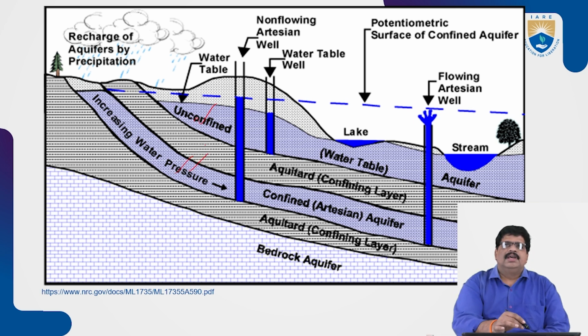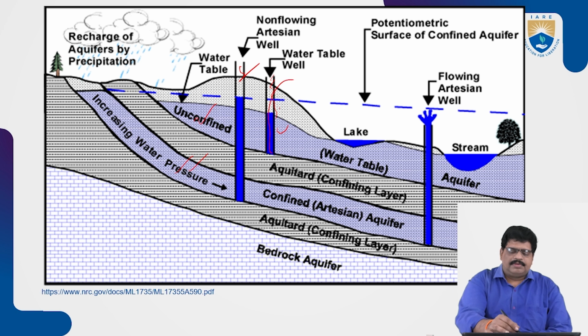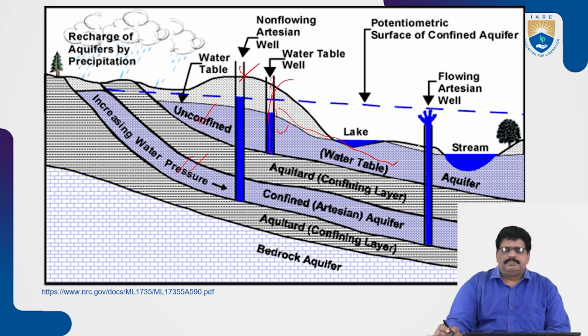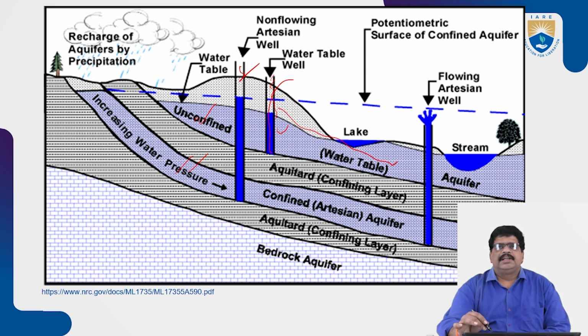Unconfined aquifers have non-artesian wells, where water can be acquired from the water table. Flowing artesian wells can also be constructed, from which water can be acquired. Suppose this is also an aquifer, and the streams of water are here; the confined artesian aquifers can also be constructed.